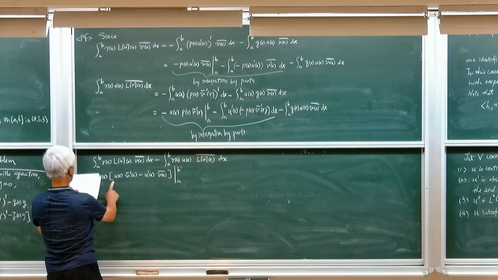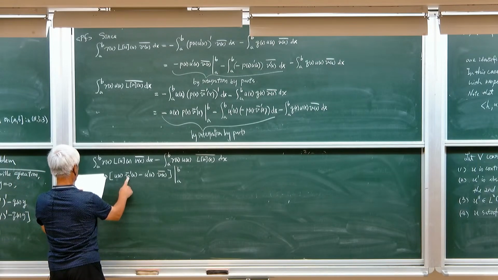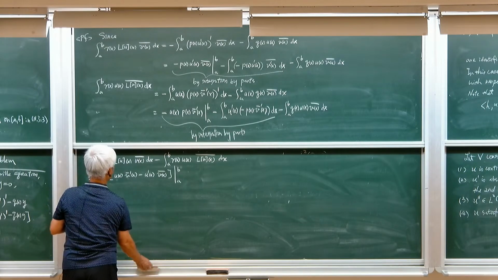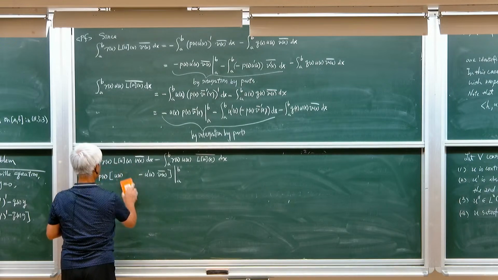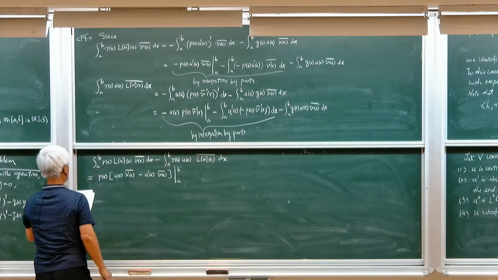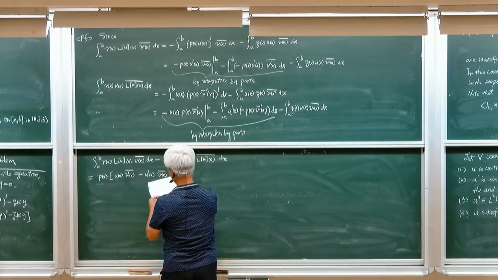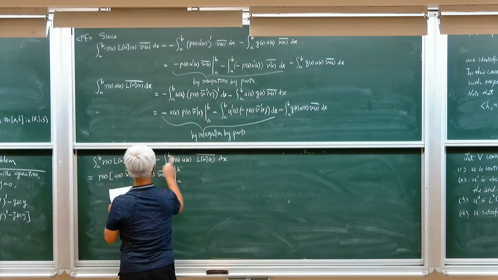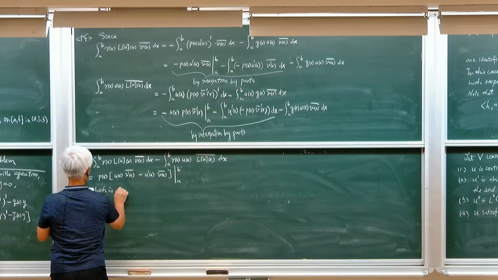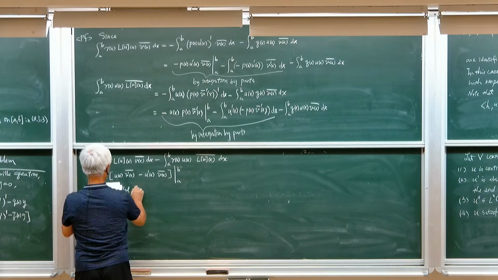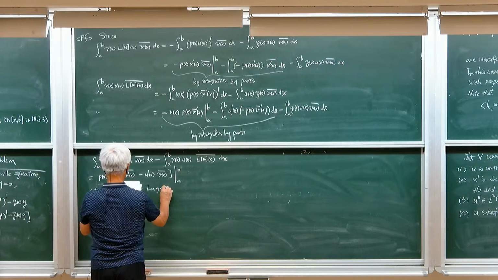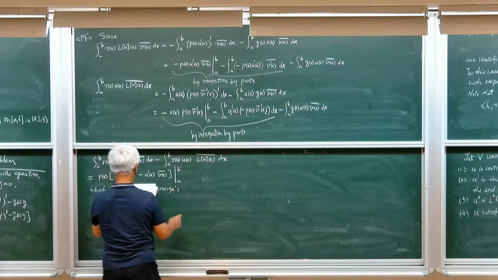Alright, p(x) and u(x) v prime(x). We can write this way, v̄ prime of x. Alright. Okay, and this one, which is called the Lagrange's identity. Lagrange's identity.